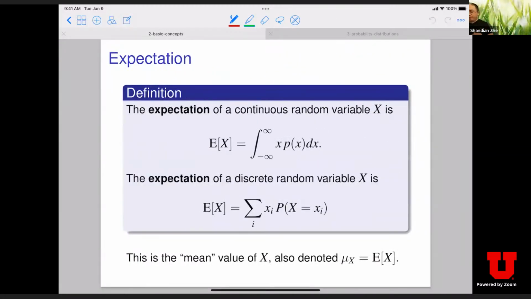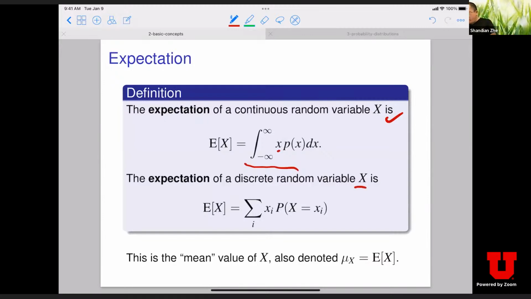So now we move to several important definitions regarding random variables. The first one is the so-called expectation, or mean. Everyone knows that definition. It tells us, on average, what value this random variable can take. For a continuous random variable, the expectation is defined as this integral: the integral of x times the density of x, from negative infinity to positive infinity.